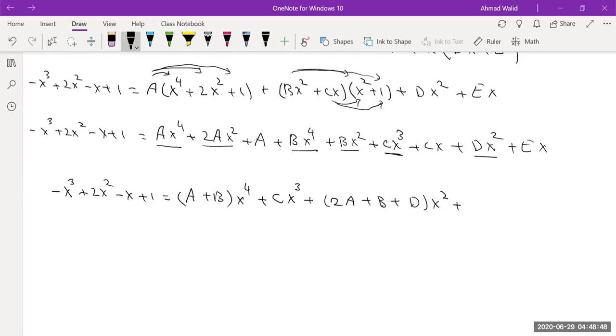Plus, after x squared, I'll put x. I have cx and I have ex. If I factor x, then it will be c plus e and x. And I have a constant term, which is a.